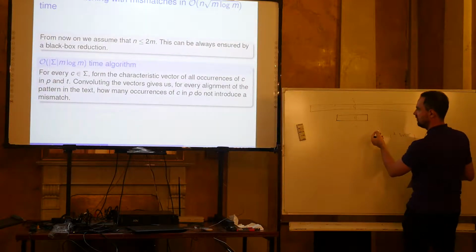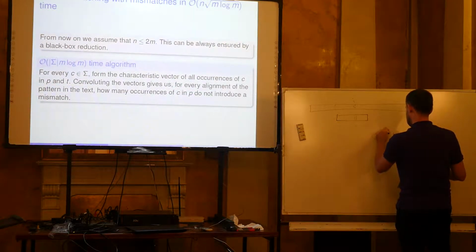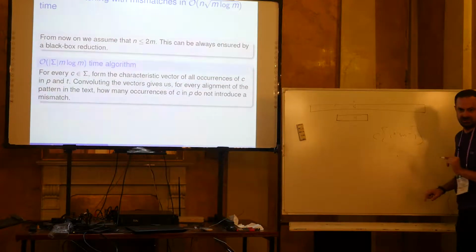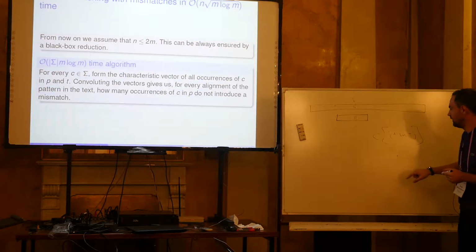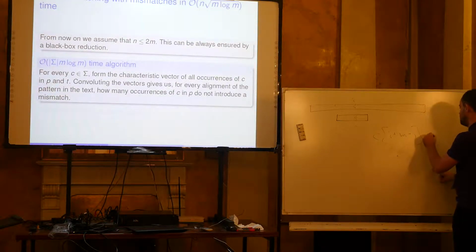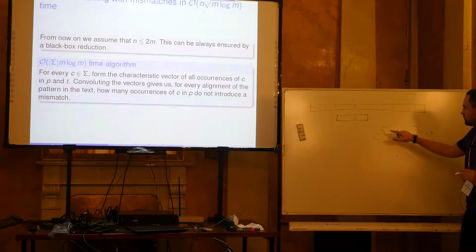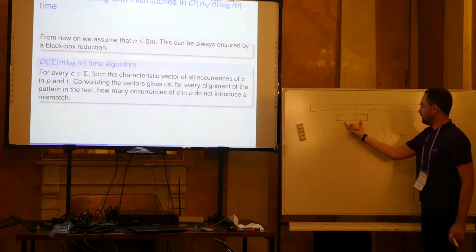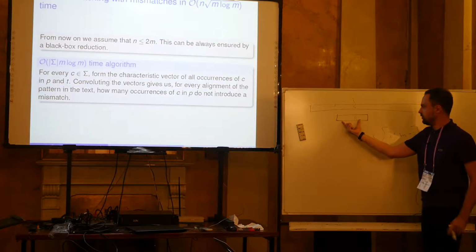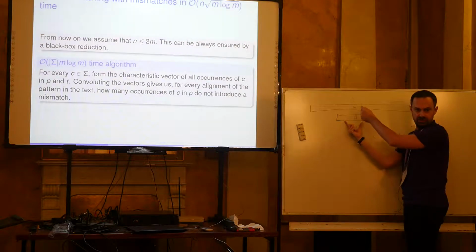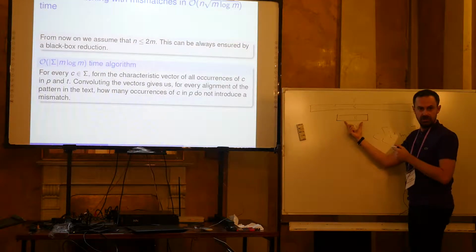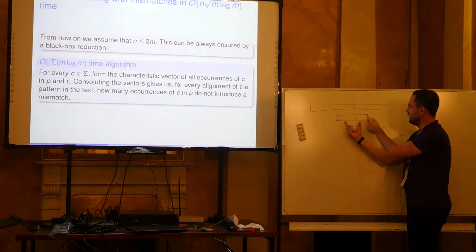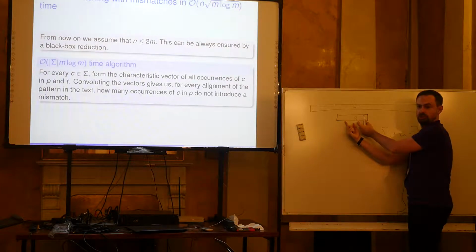Okay, so I have this array, this vector, let's call it C. Maybe C is not the best name for it, but let's keep it. So I would like to increase it by 1. Why? Because if I put my pattern here, so that those two occurrences of characters match with each other, then this occurrence of the pattern ends at position i plus m minus j.